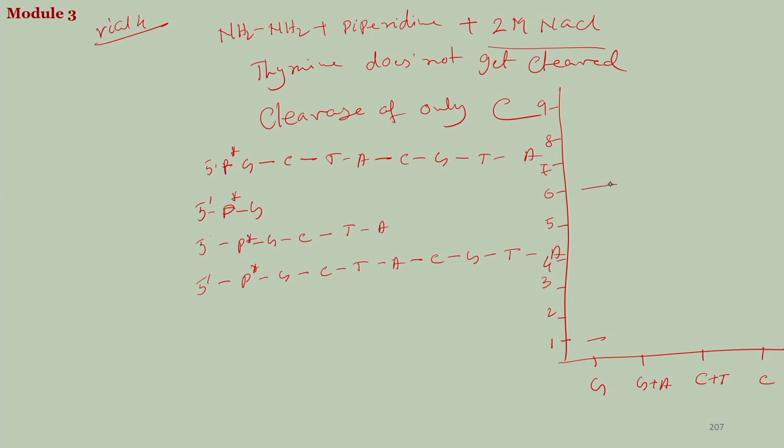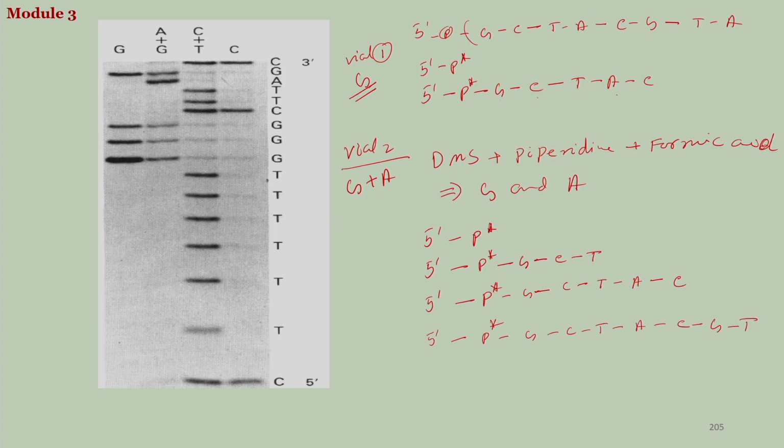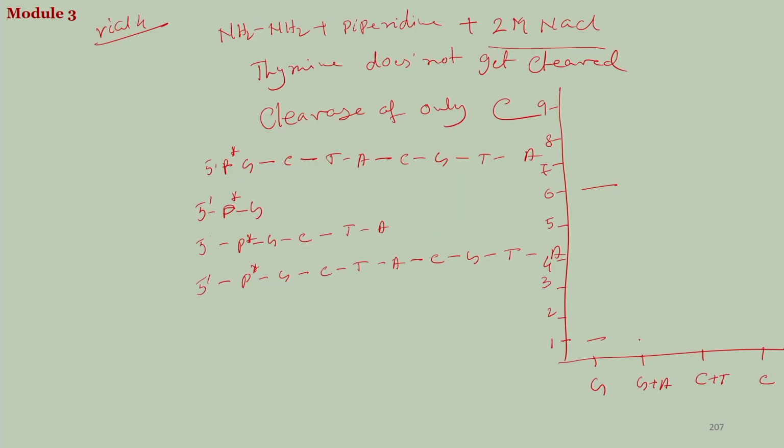Now G plus A contains bands at 1, 4, 6, and 8.